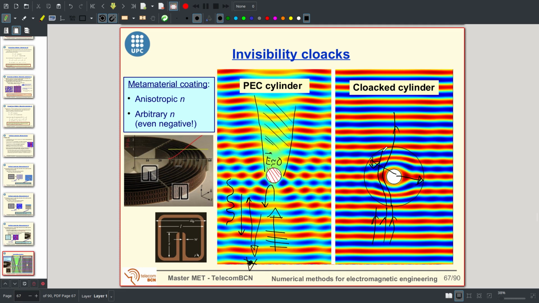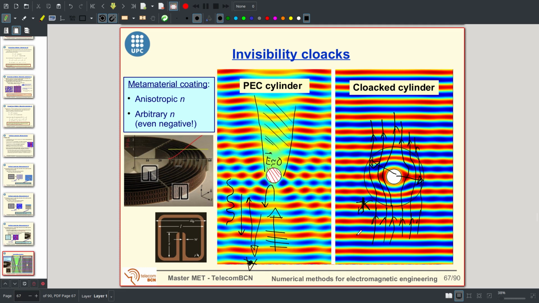So this is the path followed by incident rays, here and here and here. And there is no reflection. I just crossed the reflected field. There is no reflected ray.